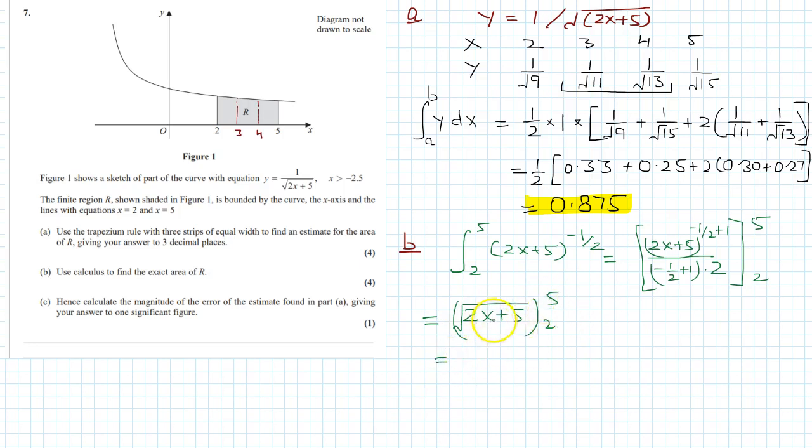So that is equal to, we put value of 5 times 2 is 10, root 15 minus root 9. So we have to find the exact area, root 15 minus 3. And this is the exact area of this figure.